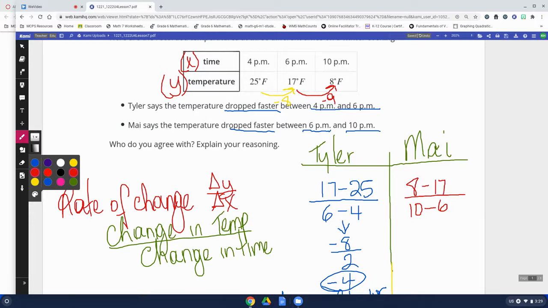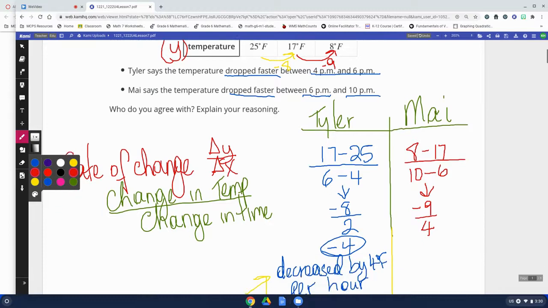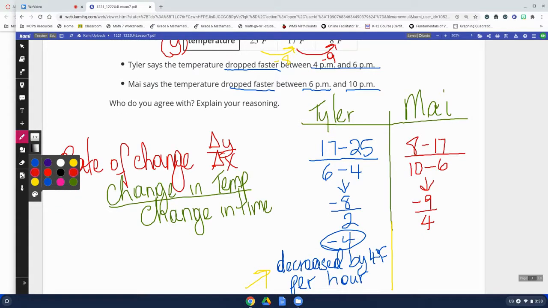So 8 minus 17 gives us -9. It dropped 9 degrees in 4 hours, which means -9 divided by 4, that gives us 2 1/4.